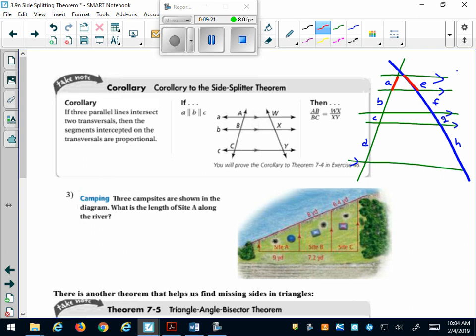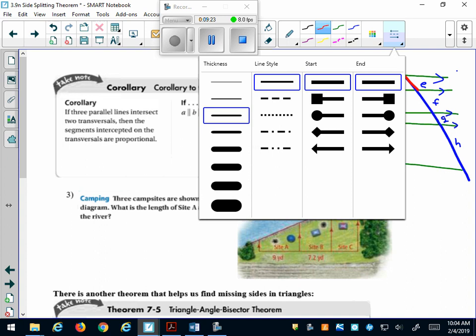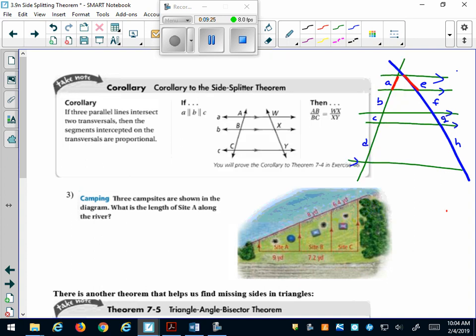Okay, so when you have this situation, you can make proportions out of any of these parts. I could say A is to D as, what would I have on the other side? So on the other side it would be E is to H, correct.